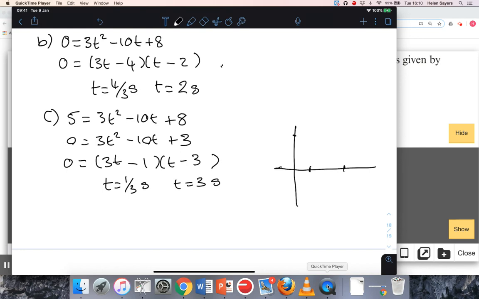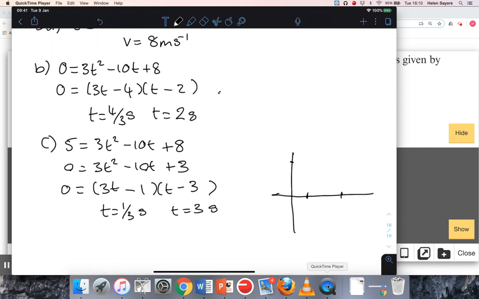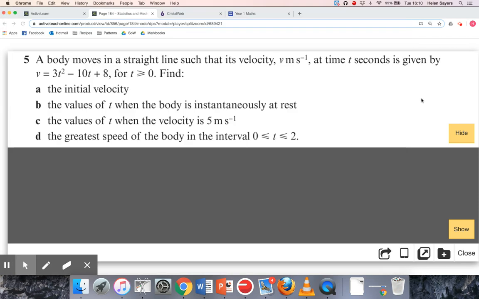And from part A, we get the y intercept pretty easily anyway. So this is a graph of velocity against time. I know that that's 8, that's 4/3 and that's 2.